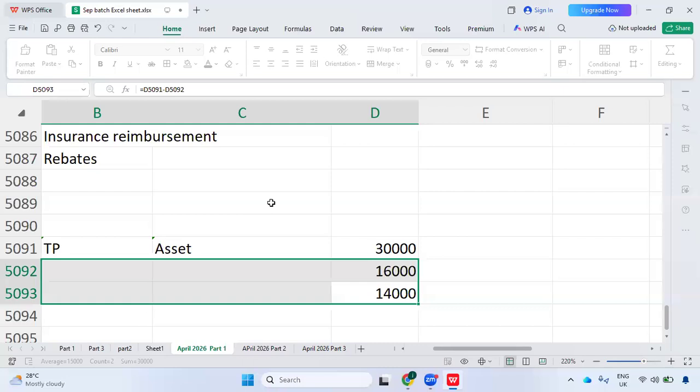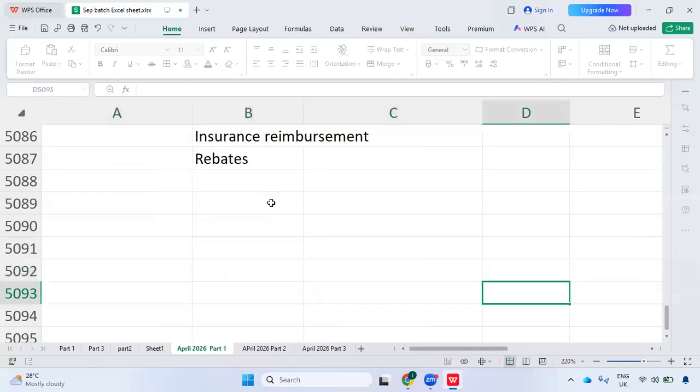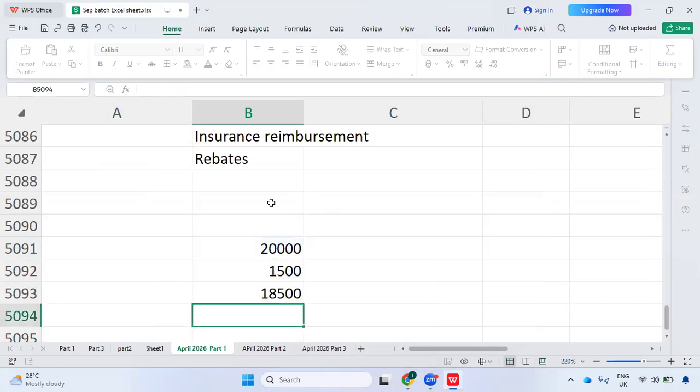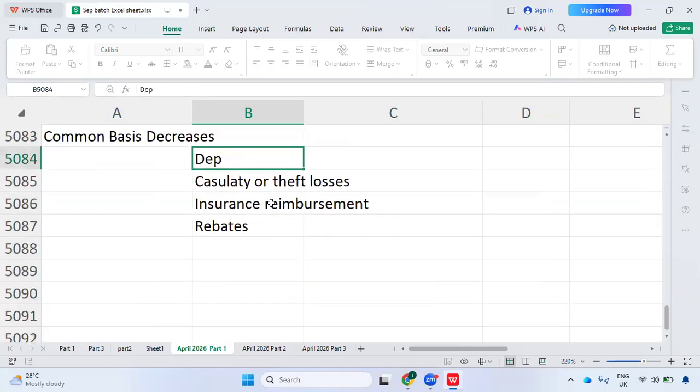Or take a rebate: say the taxpayer purchased a solar property for $20,000, and the state government gives a $1,500 rebate. Now the new basis will be 18,500. So these are the cases where the basis will reduce: depreciation, casualty or theft losses, insurance reimbursements or rebates. This will become your adjusted basis.